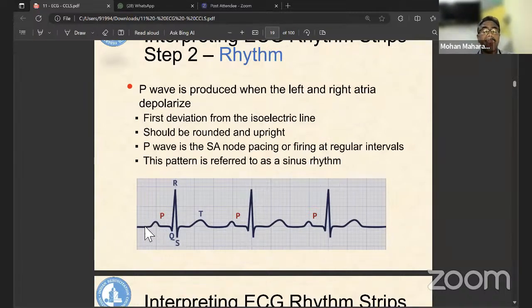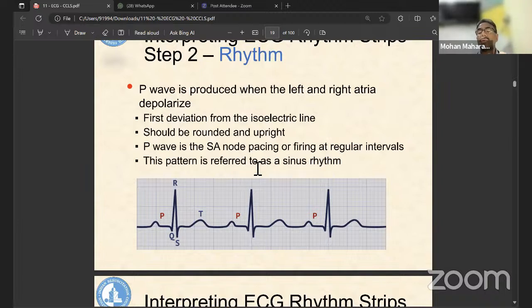This is a P wave which should be upward, rounded, and should not cross more than one small box. The P wave is the SA node firing at regular intervals. So this pattern is referred to as sinus rhythm, whenever the QRS is regularly preceded by a P wave.